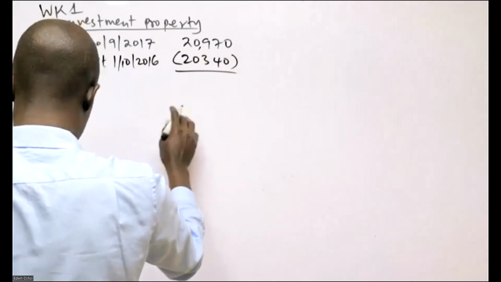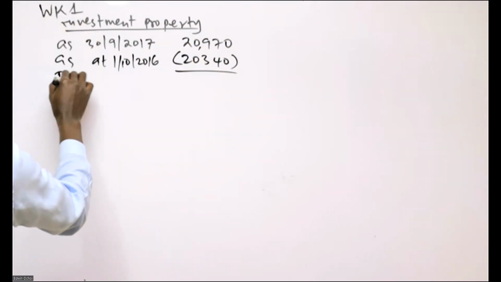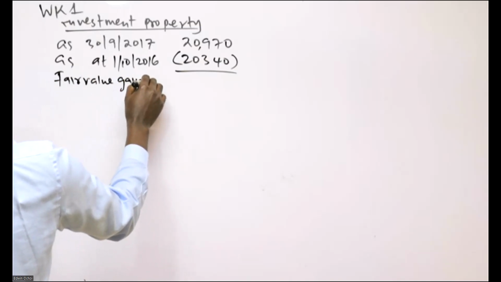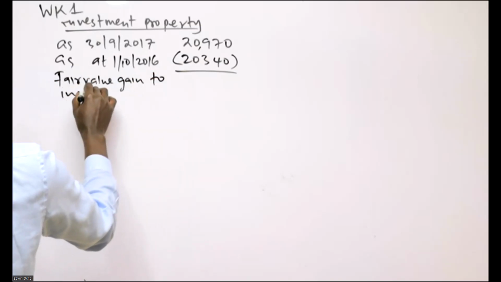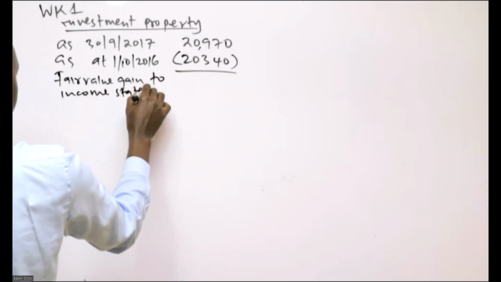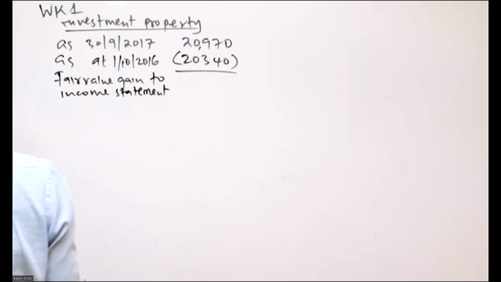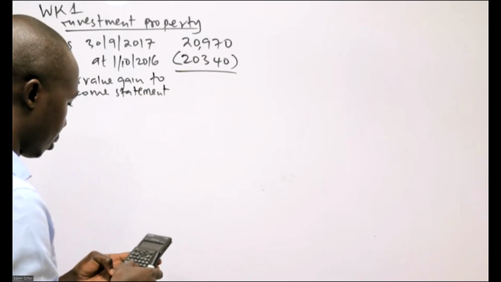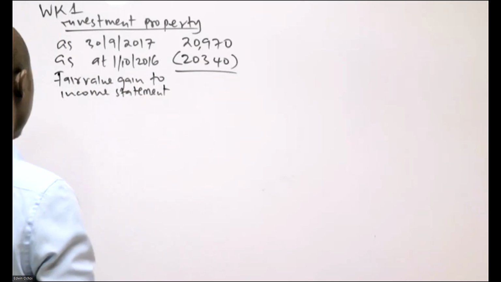So the difference is a fair value gain to the income statement. What's the difference there? Use your calculators now. It is 450.